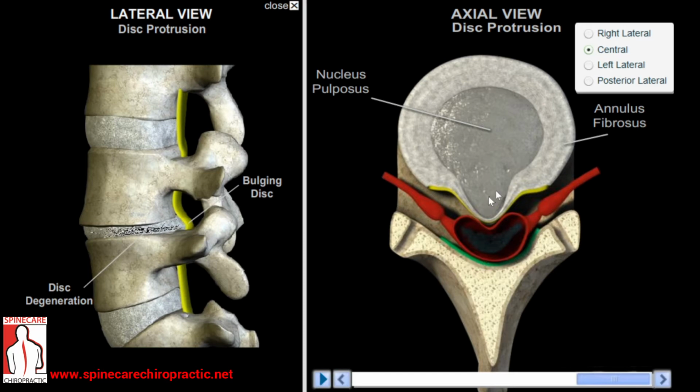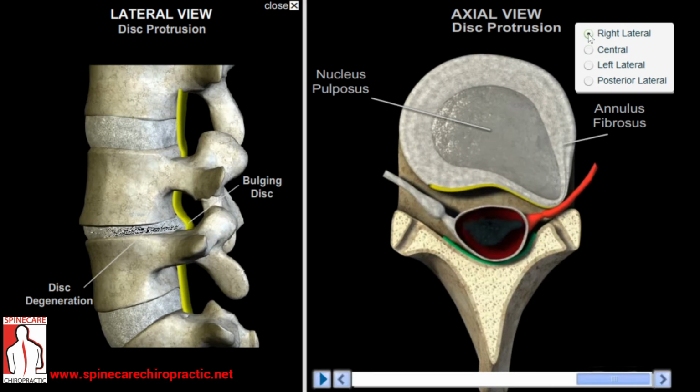When it comes to slip disc, notice that in this scenario the outer ring is still quite intact. When the outer ring is still quite intact, chiropractic can help to treat this condition and ensure a good recovery.